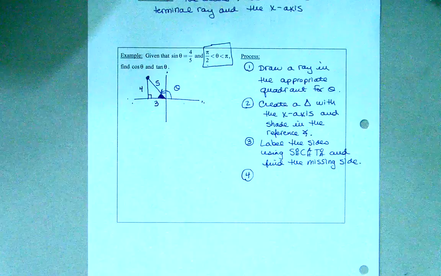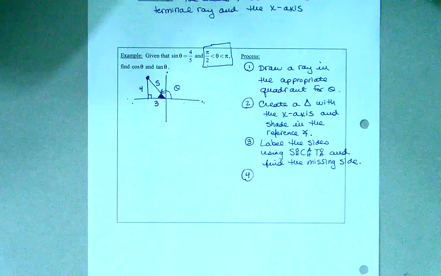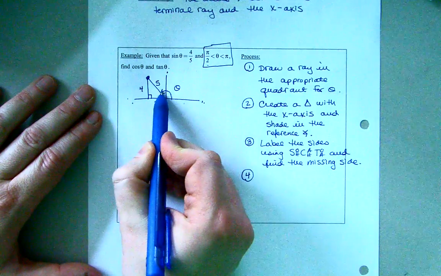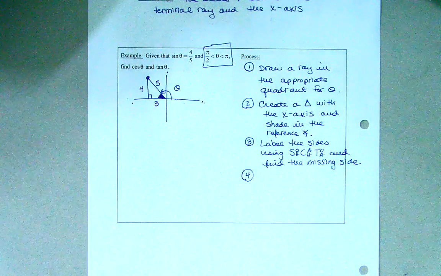Step 4. There are 5 steps total with this. To find the cosine and tangent, though, I want to do that of this angle over here. I can't really use opposite, adjacent, hypotenuse. I need to use my whole x, y, r thing.